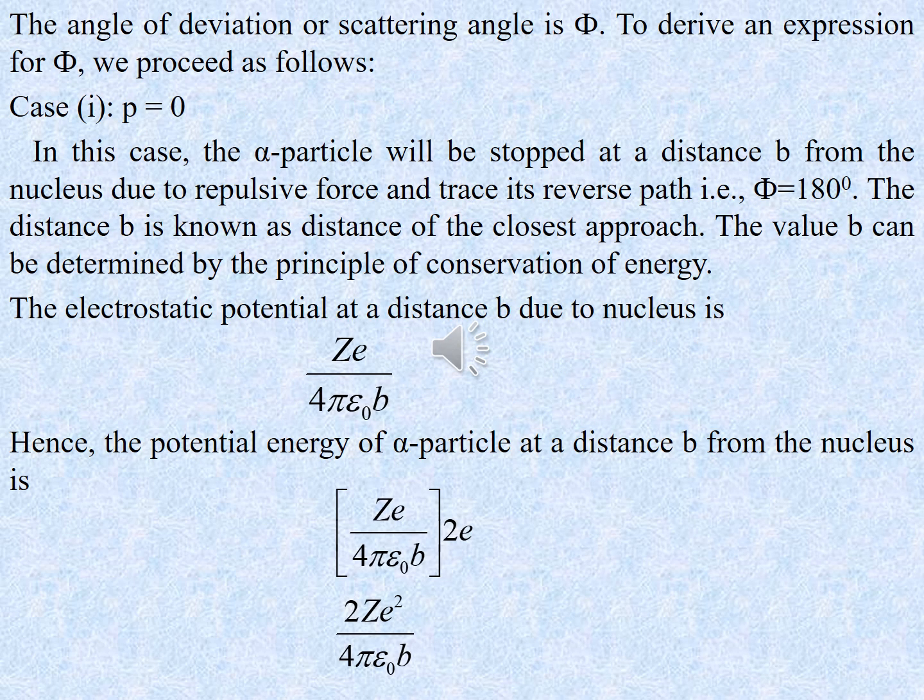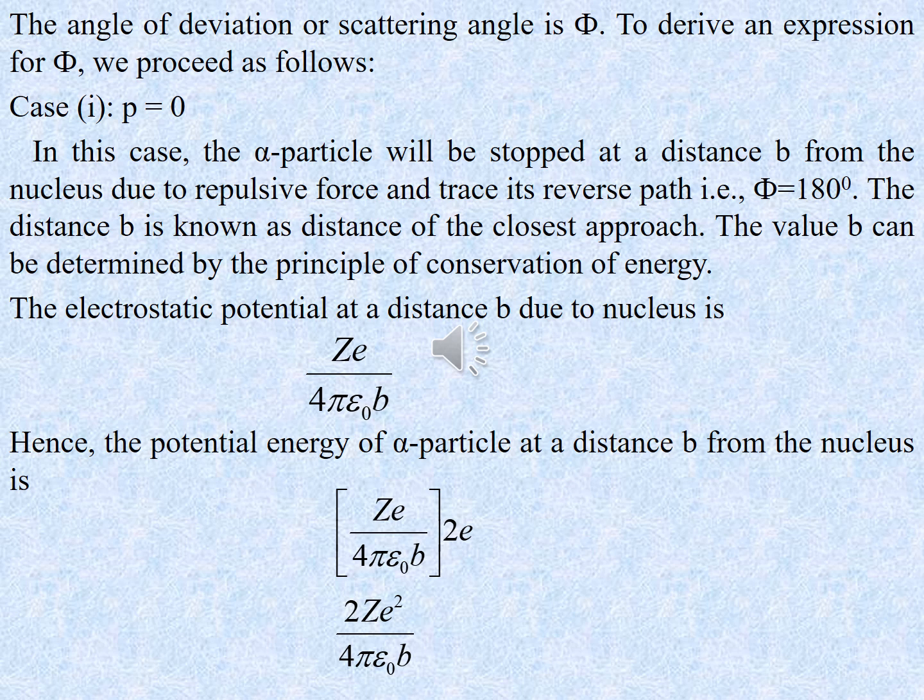The closest approach to the nucleus, with a perpendicular line drawn from the original path, is called the impact parameter. At this time, the alpha particle makes an angle, the angle of deviation or scattering angle phi.